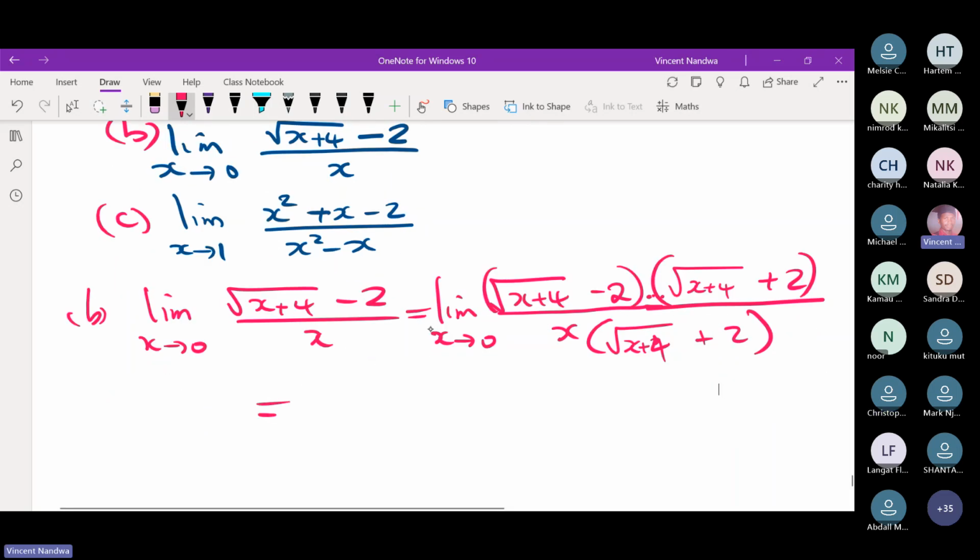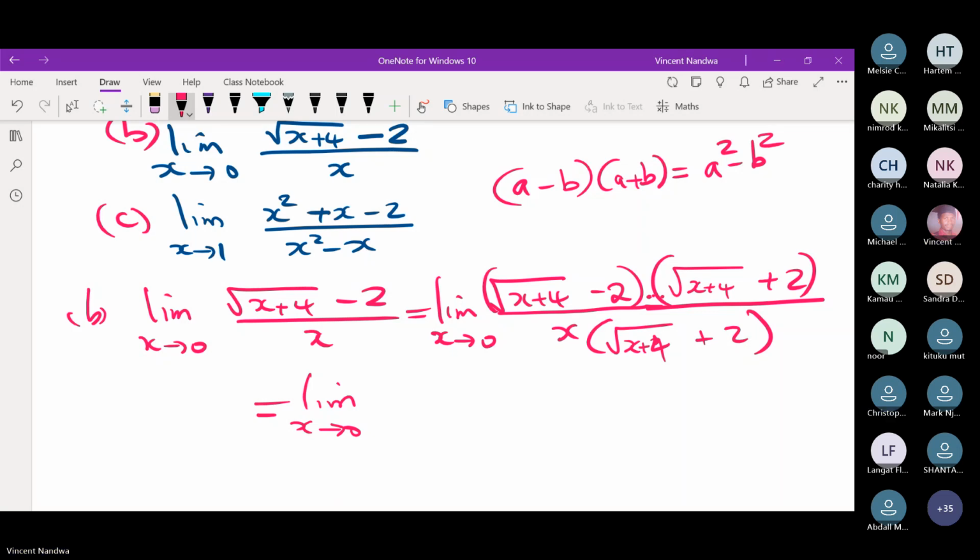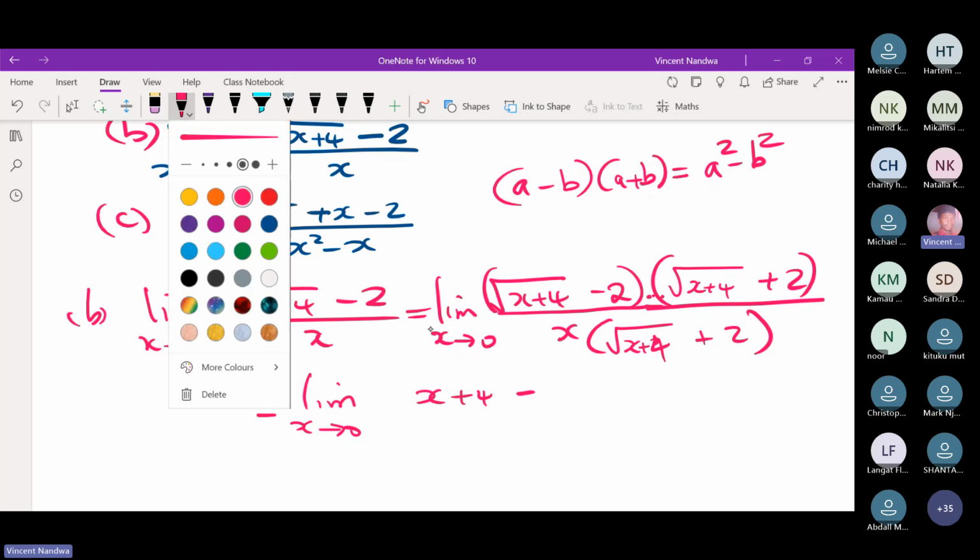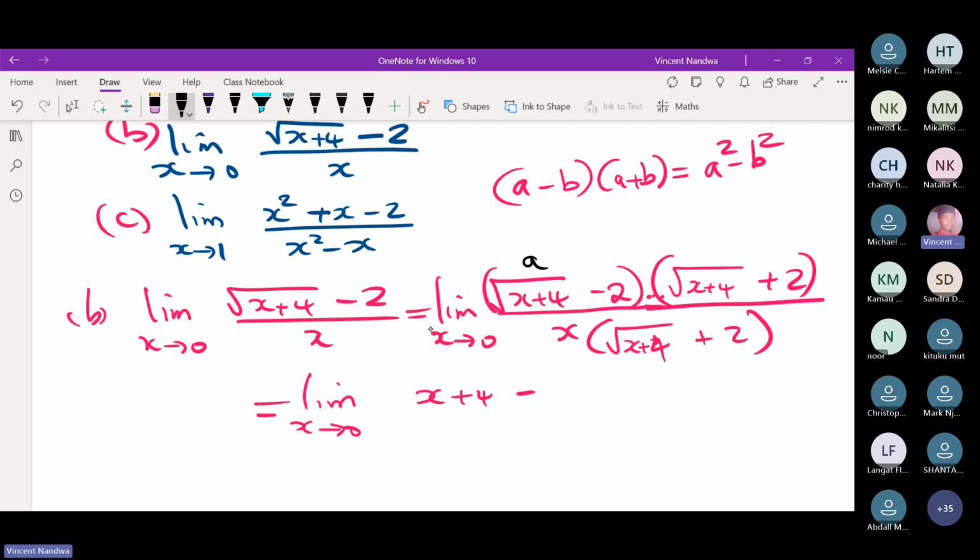So the simplification of the numerator after doing that product: remember you're just applying a minus b times a plus b always reduces to a squared minus b squared. So this will be x plus 4, then minus. Because remember, in this case, what we are letting to be a is this square root of x plus 4, and this is b.